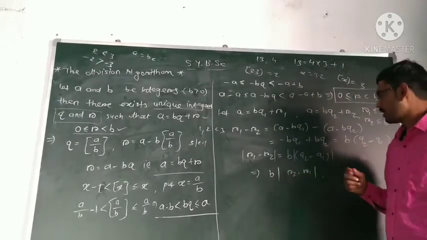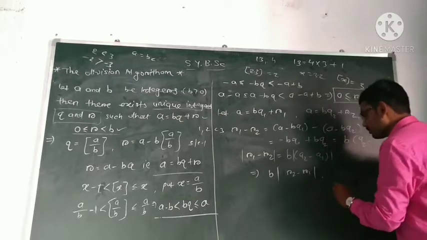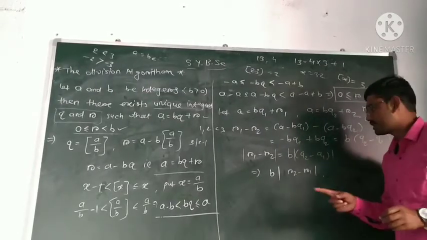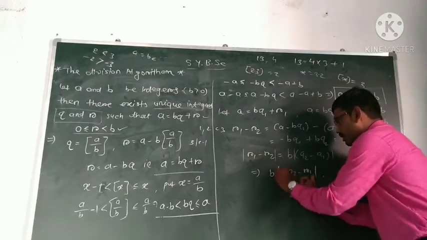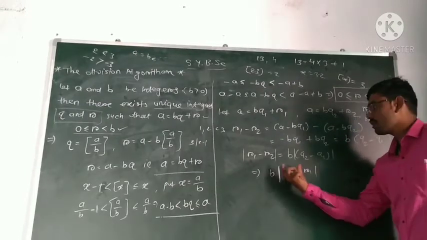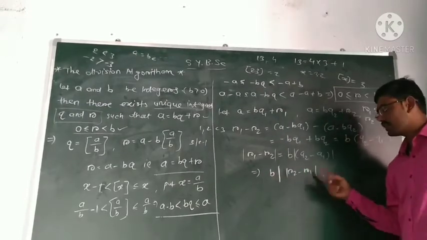So suppose there are two conditions: either the mod of R2 minus R1 is 0 or it is not equal to 0. If the mod is 0, then okay.